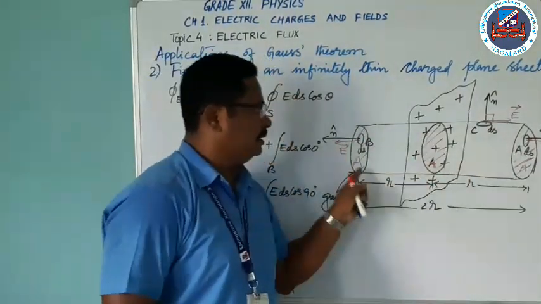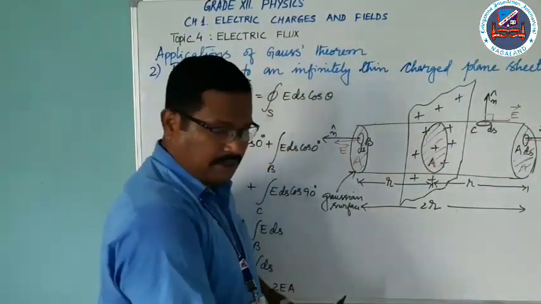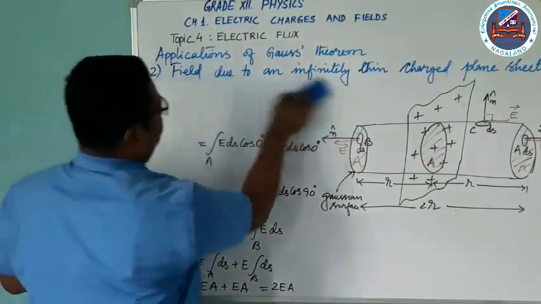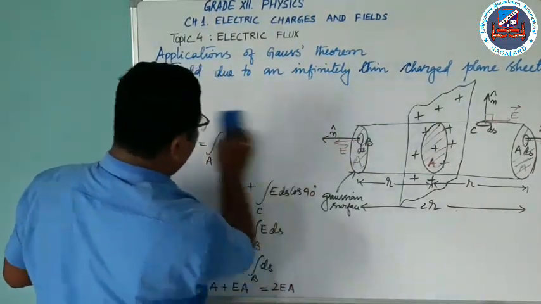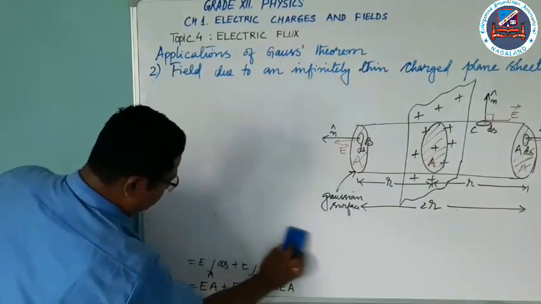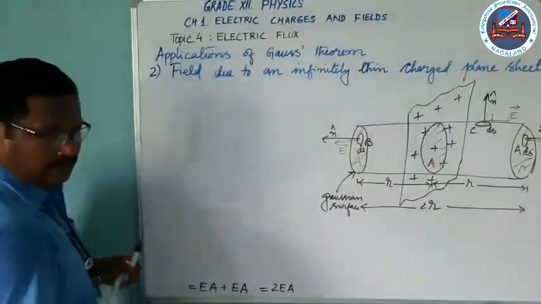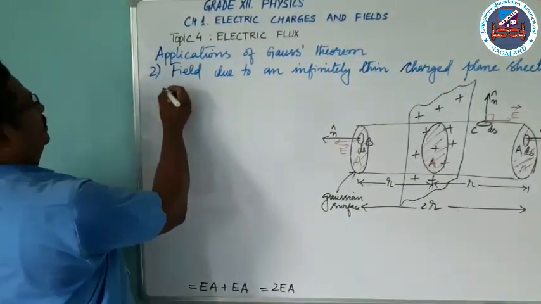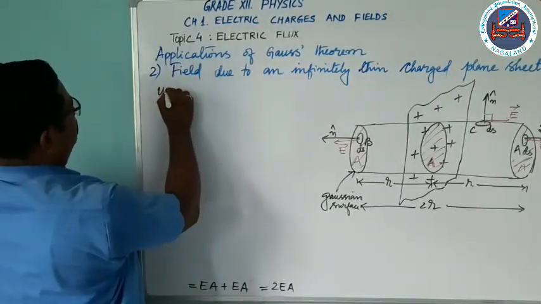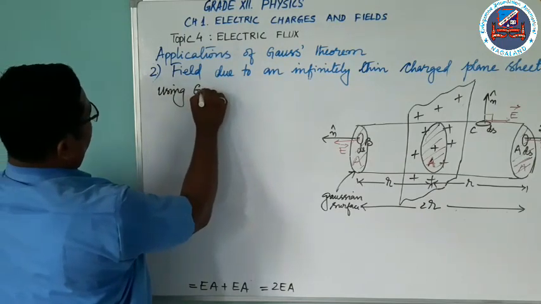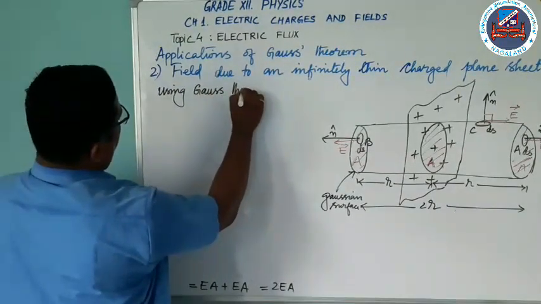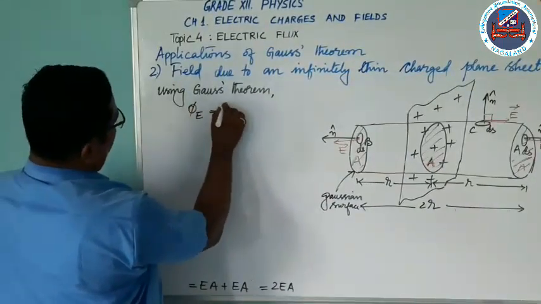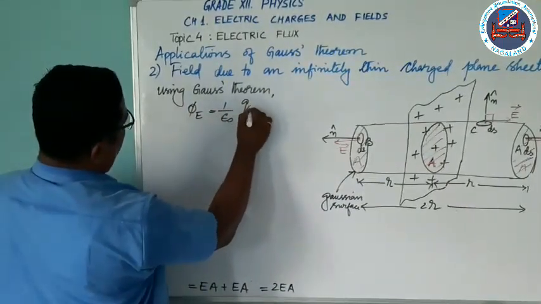Now we'll use our Gauss theorem. When we use our Gauss theorem here, the net flux is equal to 1 by epsilon naught times the net charge.